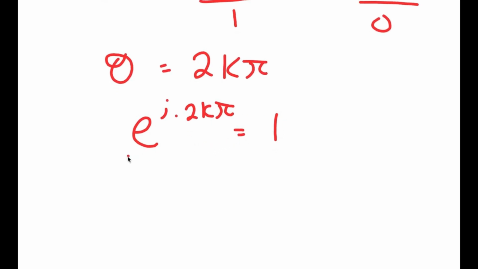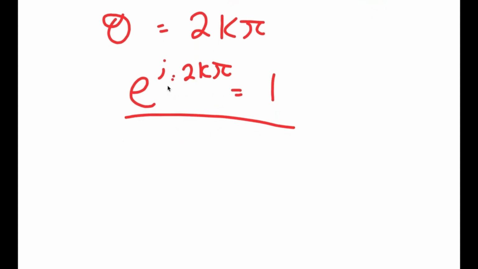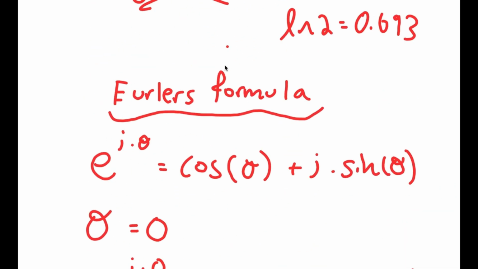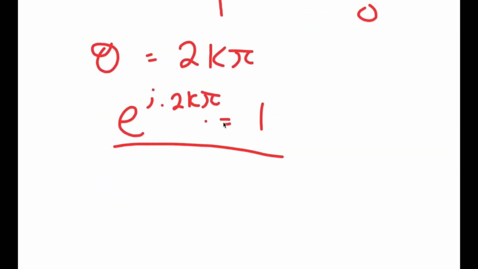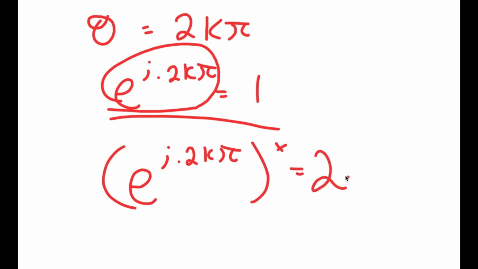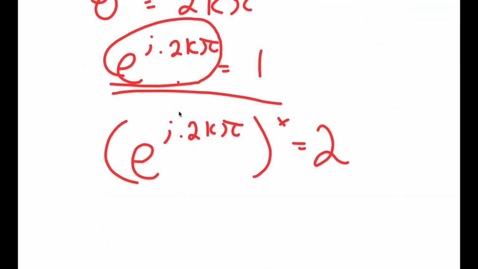So, because this statement is true, then doesn't this mean that our original equation, 1 to the power of x equals 2, has this number right here equal to 1? So we can say that e to the power of i times 2k pi, to the power of x, is equal to 2. All I did was substitute that in for 1.